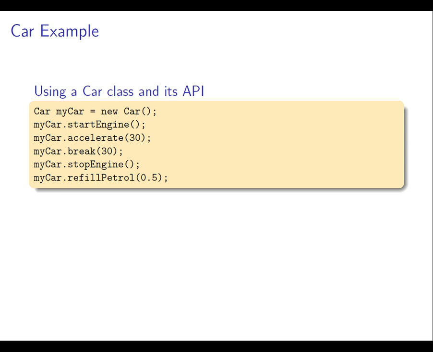So having got myCar, we can then send it the message startEngine, which requires no arguments, hence the empty round brackets there. We can send it the message accelerate with the argument 30. We can send it the message brake with argument 30. We can tell it to stopEngine, and we can tell it to refillPetrol with argument 0.5, whatever that means. So a bunch of things, whatever is actually available in the API of the Car class.